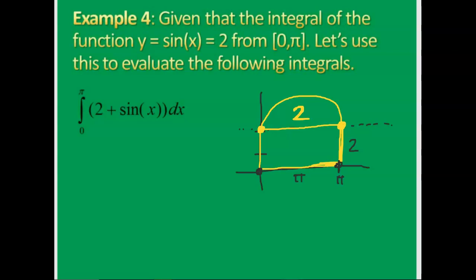So the area of the rectangle is 2 pi. The area of the top semicircle is 2. So the value of the integral is 2 plus 2 pi.